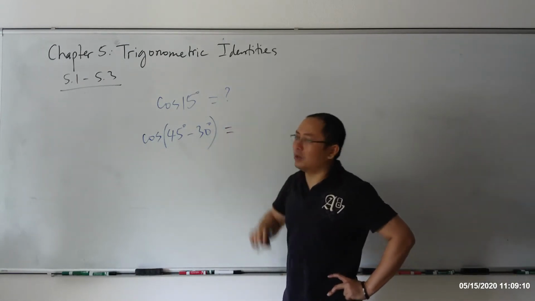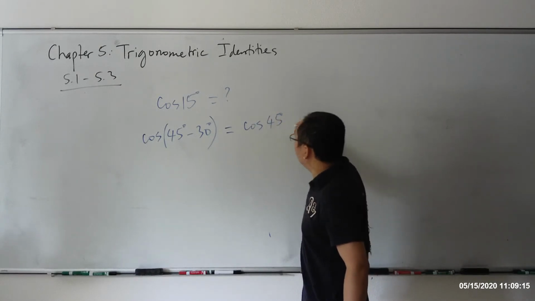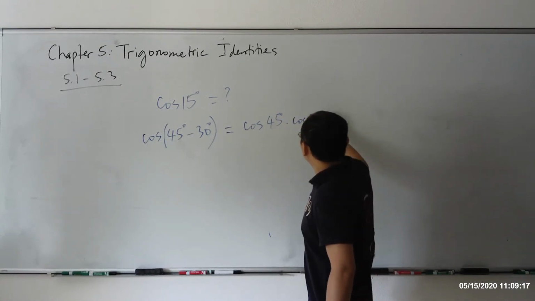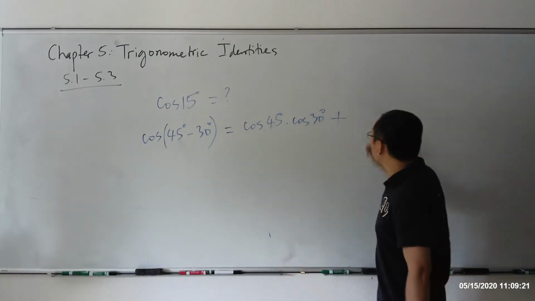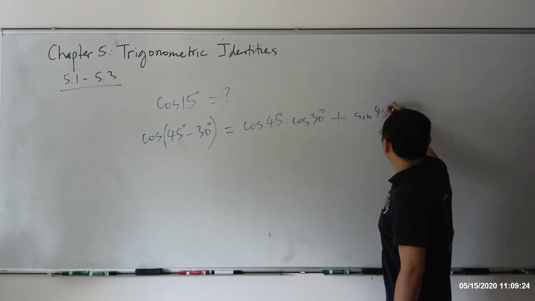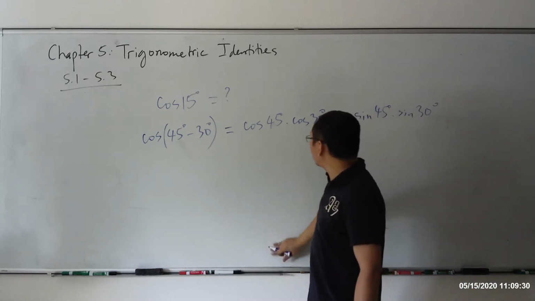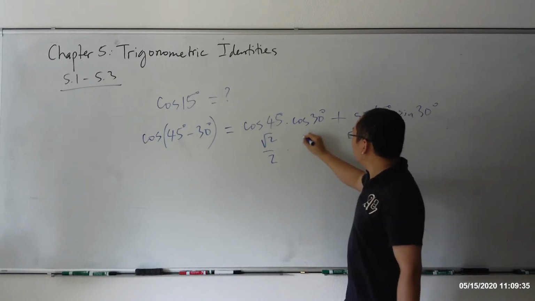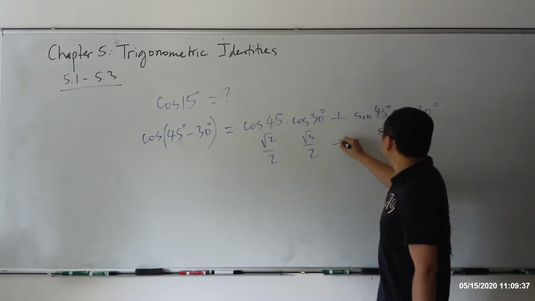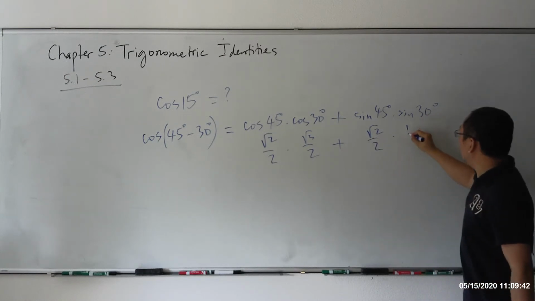And according to the formula that we learned already, this is cosine of 45 degree times cosine of 30 degree plus, right? For cosine minus become plus, sine of 45 degree times sine of 30 degree. Okay? And we know the cosine of 45 degree is root 2 over 2. Cosine of 30 degree is root 3 over 2. Plus sine of 45 degrees root 2 over 2. Sine of 30 degree is 1/2.